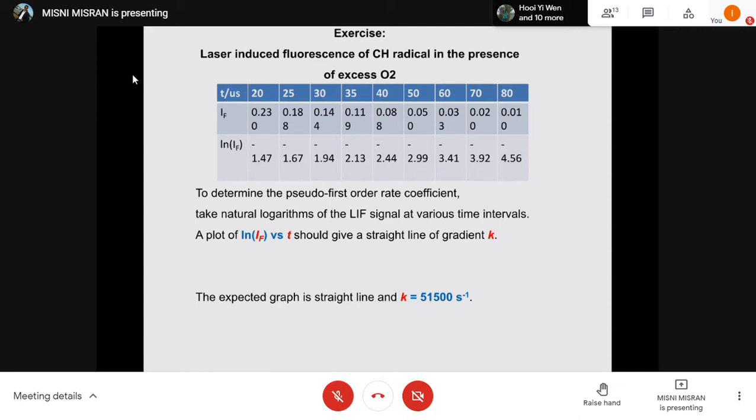So for first order, you take the natural log of whatever concentration or intensity, any physical change, and you plot it against the time of decay in this case, right? You should get a straight line. Okay, we're going back to this one. So the straight line graph is, in this case, the answer; I just put the answer as 51,500 per second. We get to look at it because I have examples that I plotted as well.